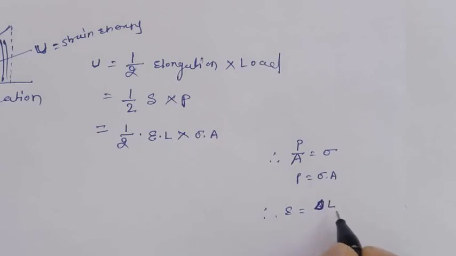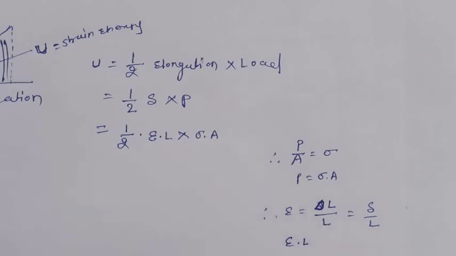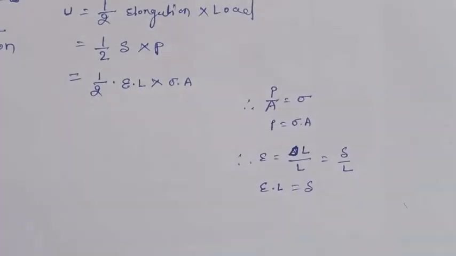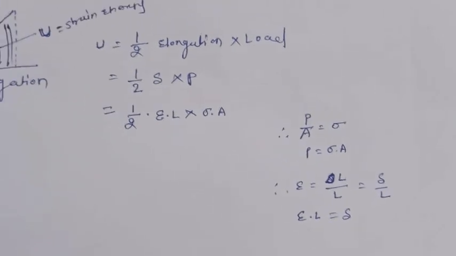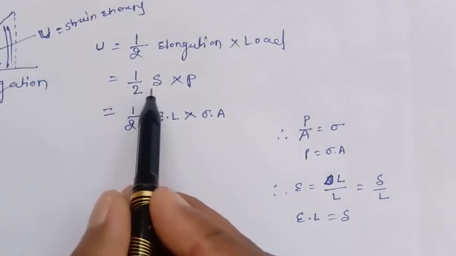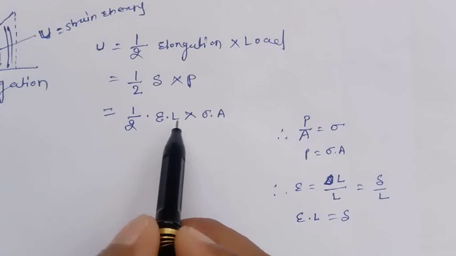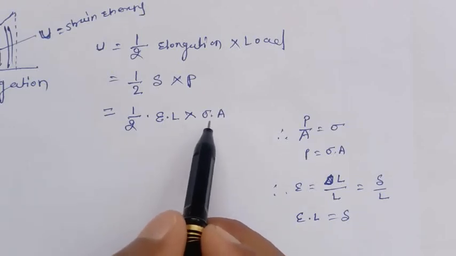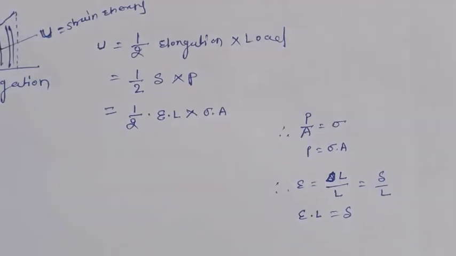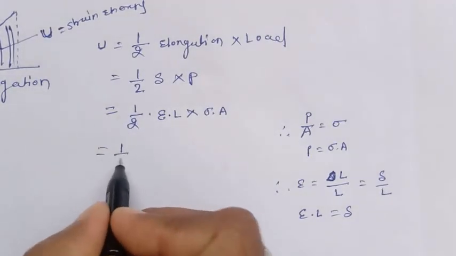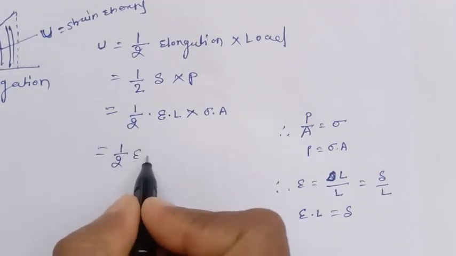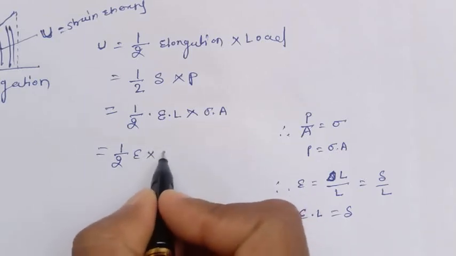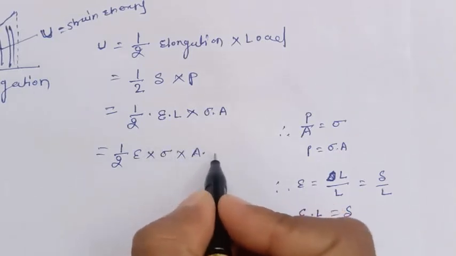that is, change in length del divided by L, or del by L. So epsilon into L is nothing but del. Instead of the change in length del, we can write epsilon into L into stress into area. So we can arrange it as 1 by 2 into strain into stress into area into length.